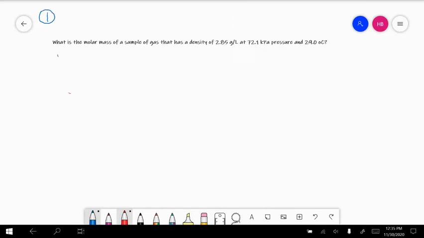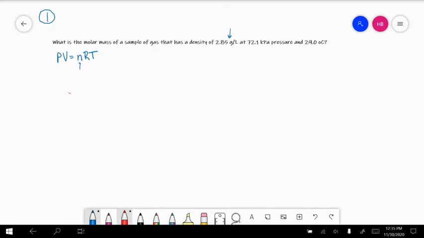So first I'm going to rearrange the ideal gas law again for you. PV equals nRT is the ideal gas law. And if you remember, this n is what's going to represent our quantities. n is represented by moles, but the quantity we're going to need is grams, because as soon as I see this grams per liter, I know that's a density.